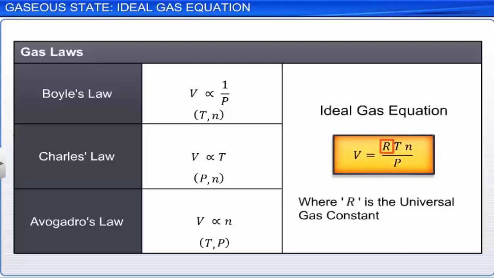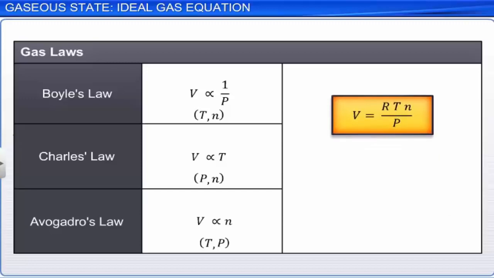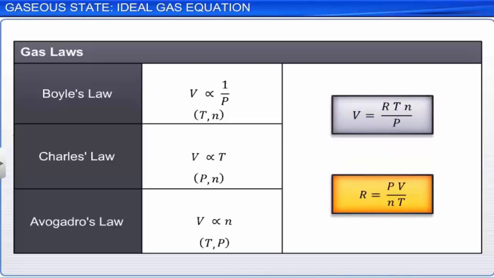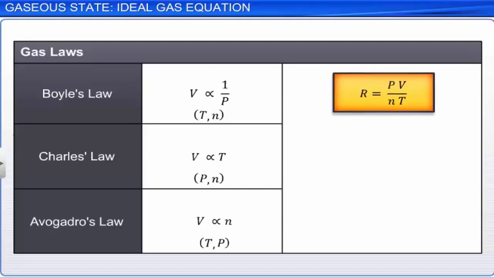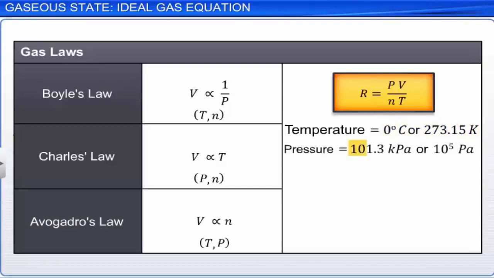To find the value of R, we need to rearrange the equation and substitute appropriate values of P, V, n and T. For example, under standard conditions of temperature, that is 0 degrees Celsius or 273.15 Kelvin, and pressure, that is 1 atmosphere or 101.3 kilopascal or 10^5 Pascal, 1 mole of a gas occupies 22.4 liters or 22.4 cubic decimeter.